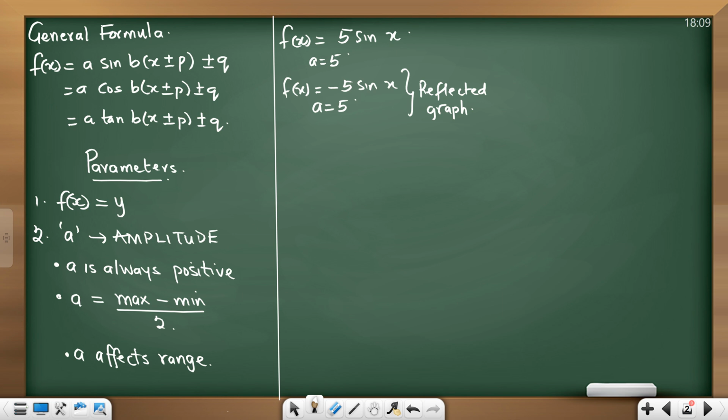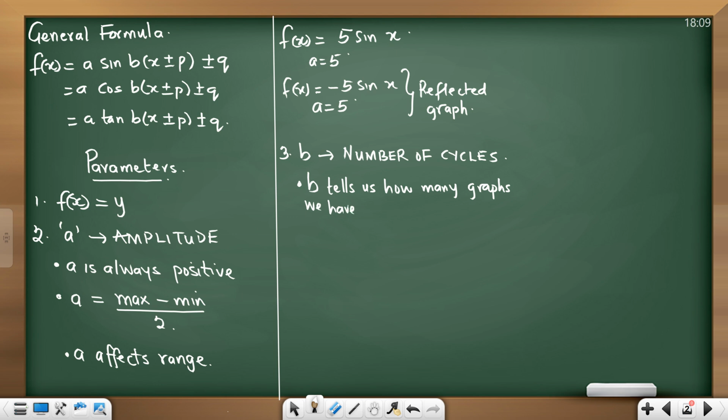What's the next one? B. Number of complete cycles. B tells us how many graphs we have in one mother cycle.